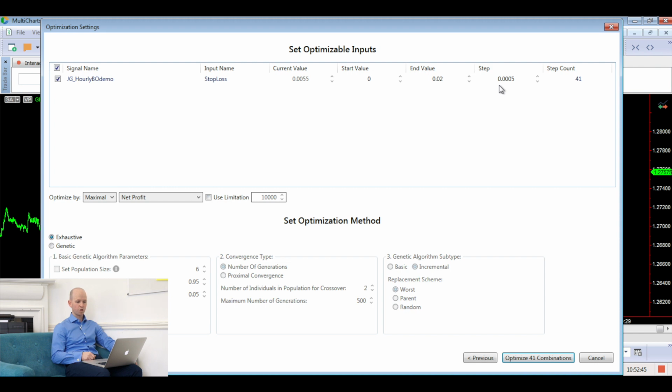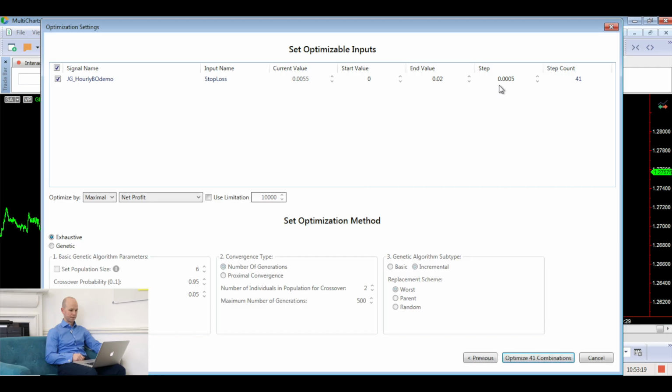I would not normally go 5 pips, I'd normally go about 10 pips, but just so that the demonstration looks very clear, I'm going to go 5 pips today. Why have I only gone to 200? Well, just from experience, I know a day trading strategy like this on pound dollar is certainly not going to have a stop loss anything near 200, so there's probably no point.